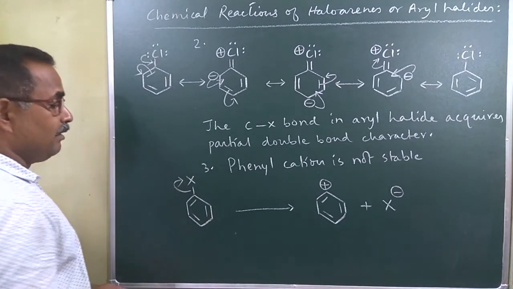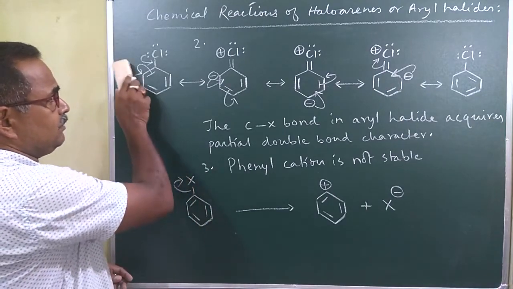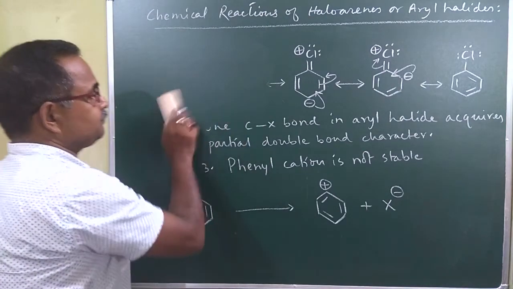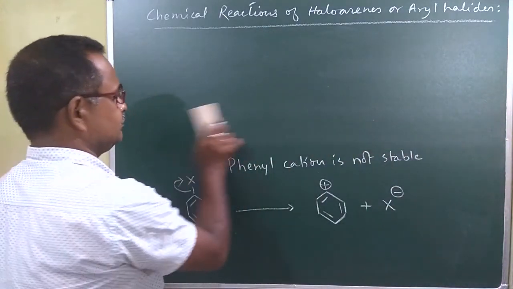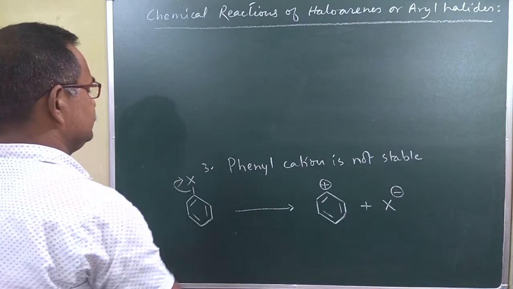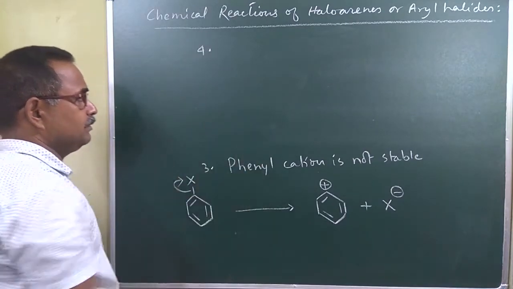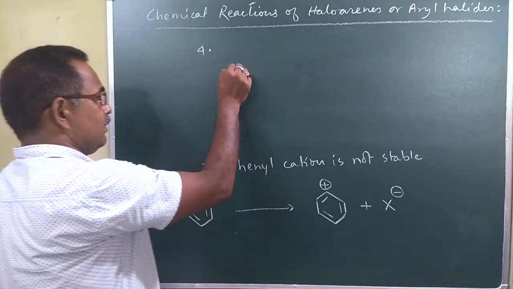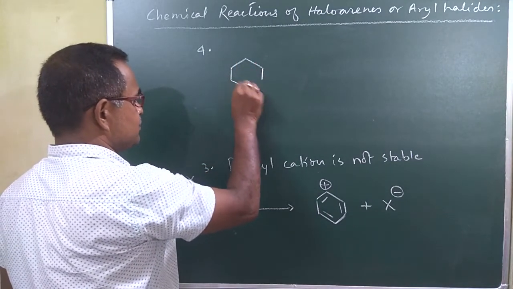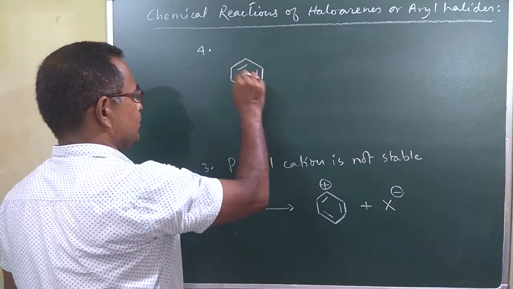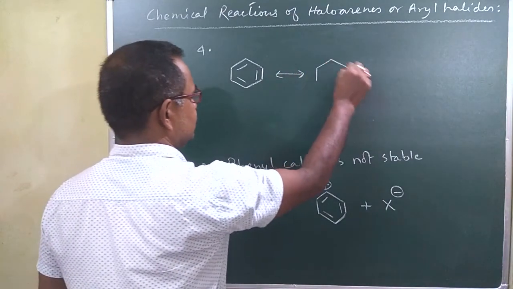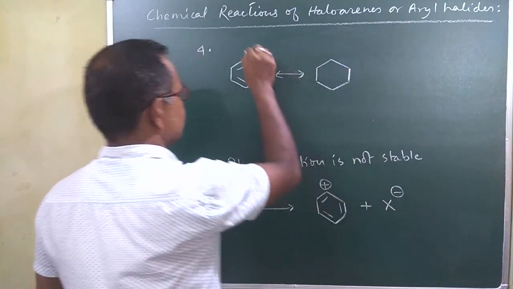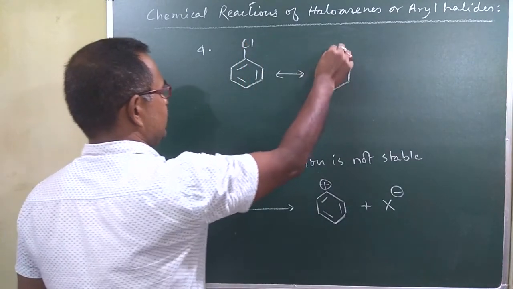Okay. There is another factor, say factor number 4. Look. Aromatic compounds have loosely held pi electrons. Consider chlorobenzene again.